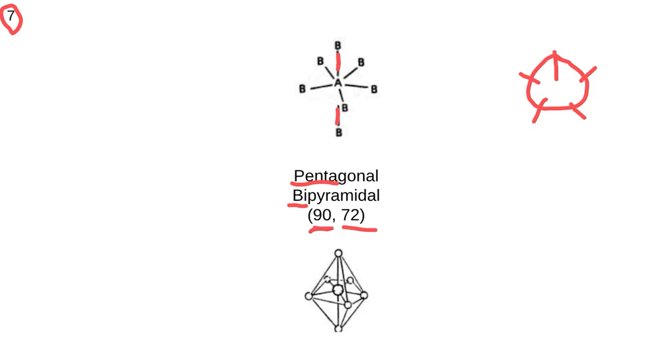And 90 here is the same as trigonal bipyramidal, where you have your 90-degree bond angle between your axial and your equatorial, versus here, where you have your 72-degree interaction between your equatorial and your equatorial. So that's why it's 90 and 72 in pentagonal bipyramidal. 5 and 2 is 7. You're just adding 5 equatorial bonds.